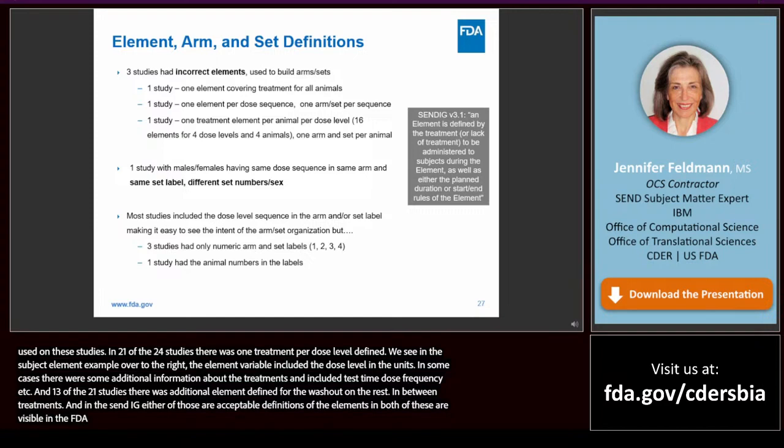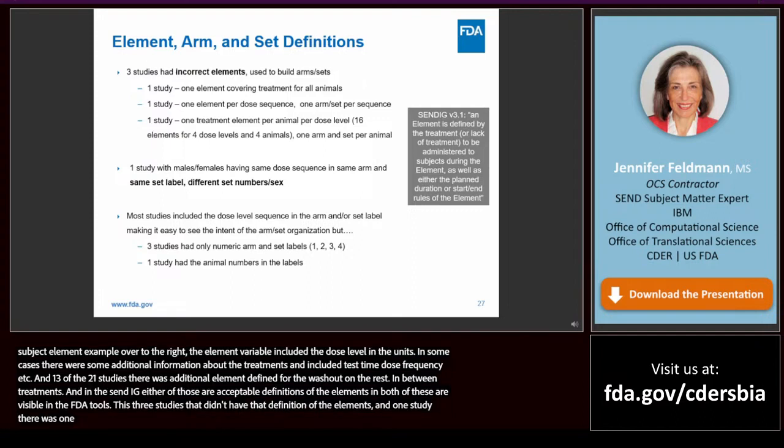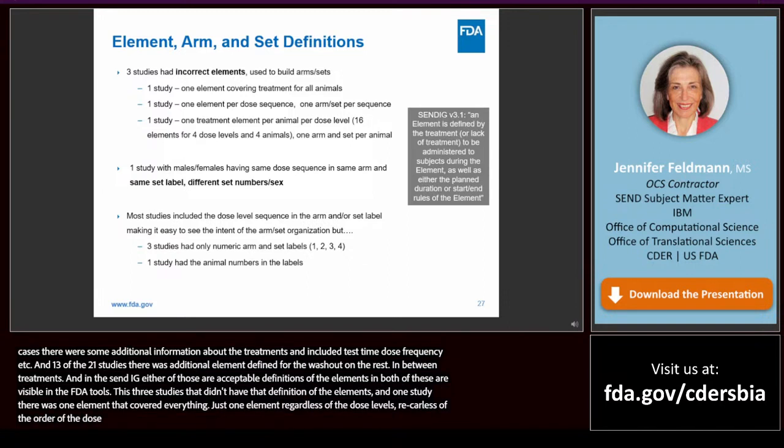The 3 studies that didn't have that definition of the element: in one study, there was one element that covered everything. So just one element, regardless of the dose levels, regardless of the order of the dose levels. And that study, the way that was defined, there was no way to use the subject elements to identify the dose given.